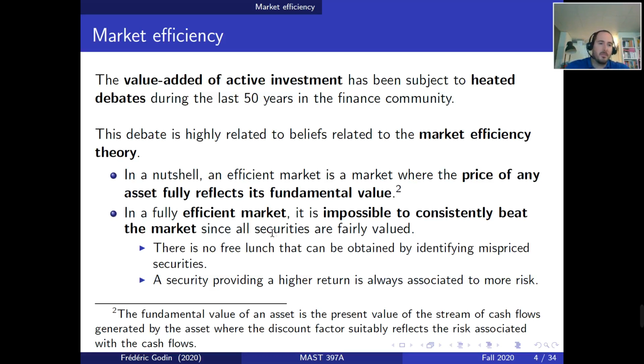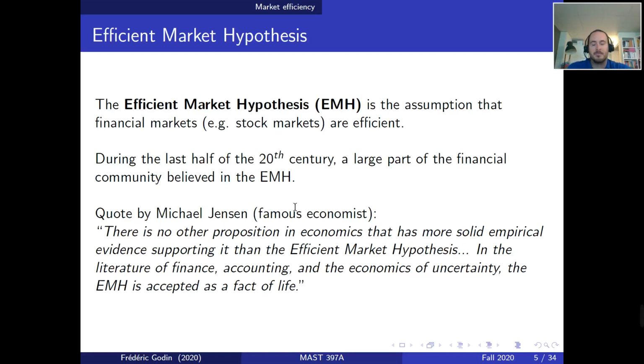Okay, so if you have an efficient market, all securities are priced fairly, and it's impossible to beat the market consistently just by picking the various stocks, because the price of all of them reflects their true value.